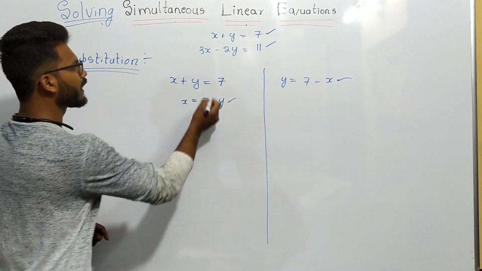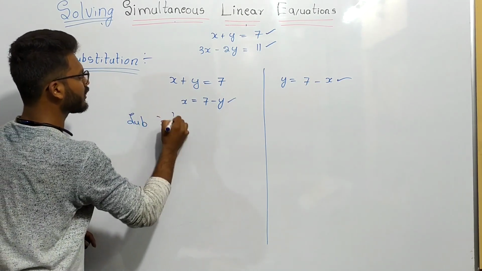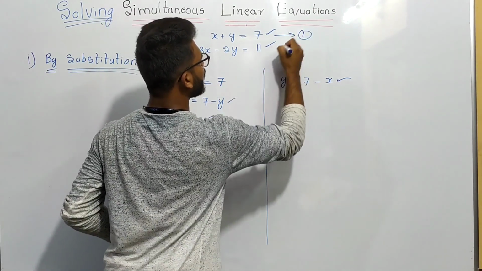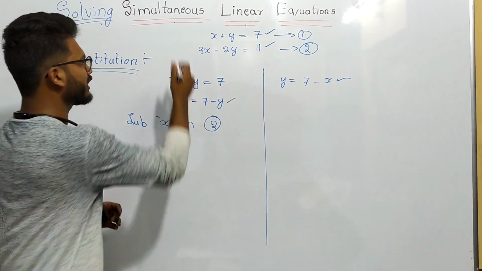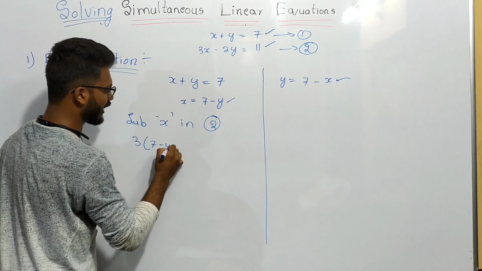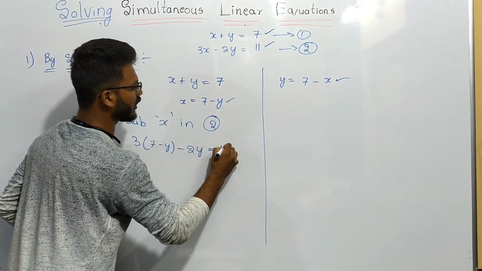Next, substituting x in the second equation. Suppose this is the first equation and this is the second equation. Substituting x in the second equation, 3 into 7 minus y minus 2y is equal to 11.